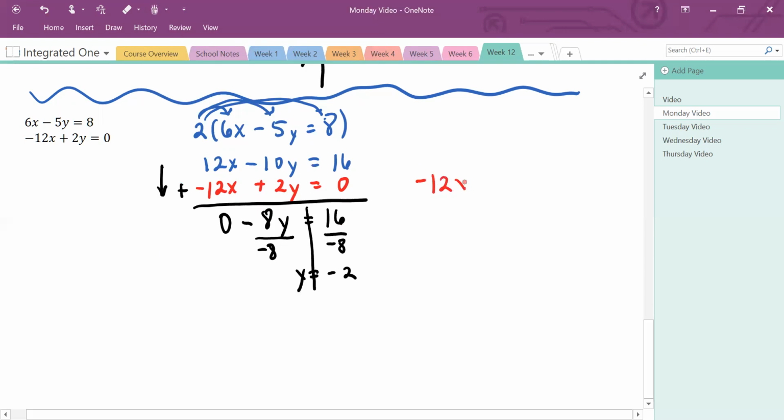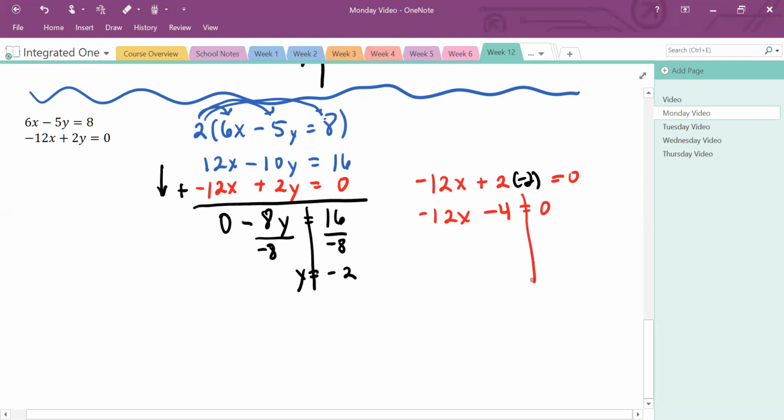So negative 12x plus 2 times, what's y? Negative 2, is equal to 0. So we end up with negative 12x minus 4 is equal to 0.